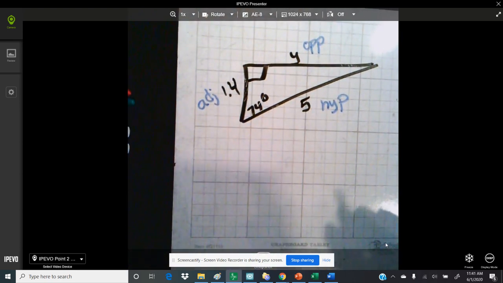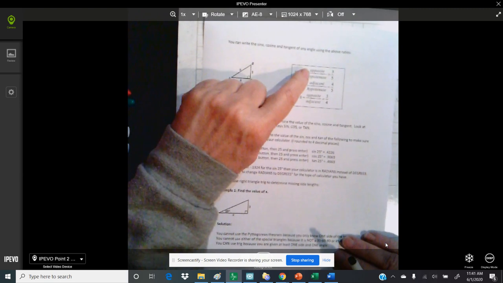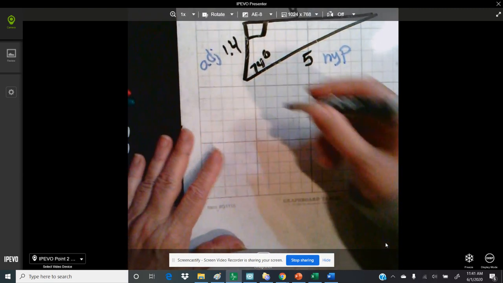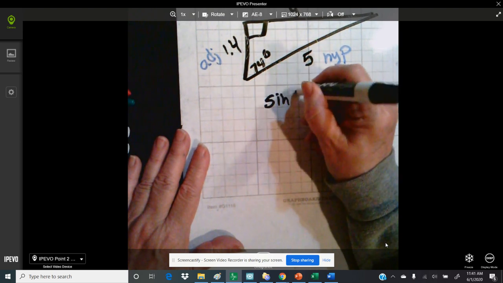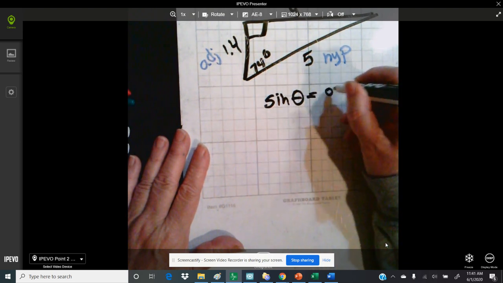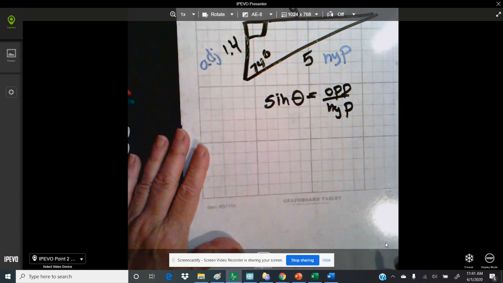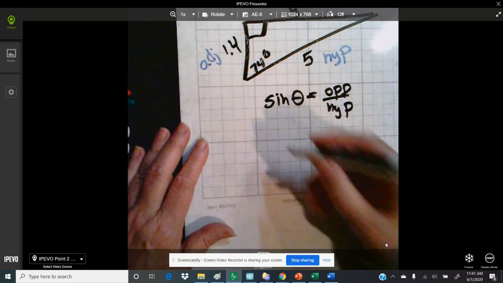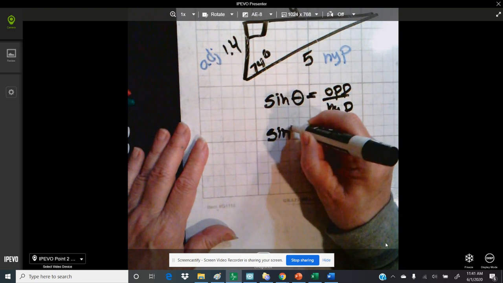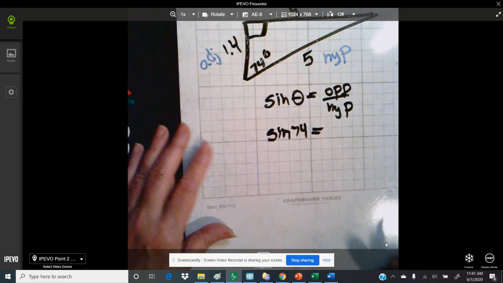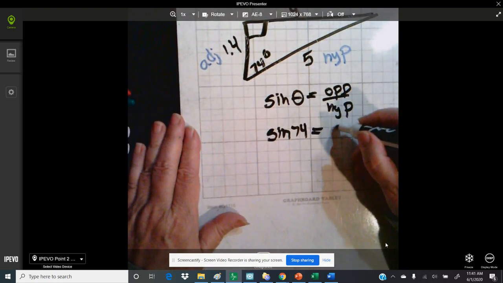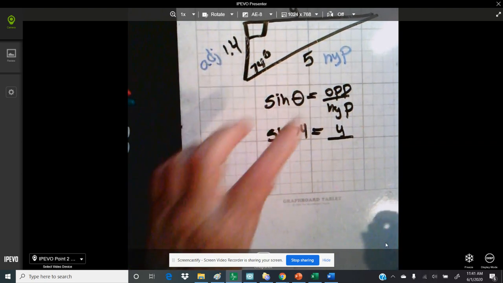So I have to see which one of my trig ratios use opposite and hypotenuse. Well, that will be my sine. So I'm going to set up my equation. The sine of some angle equals the opposite over the hypotenuse. I'm going to plug in what I know. The angle is 74. So I have the sine of 74 equals the opposite, which is y, over the hypotenuse, which is 5.